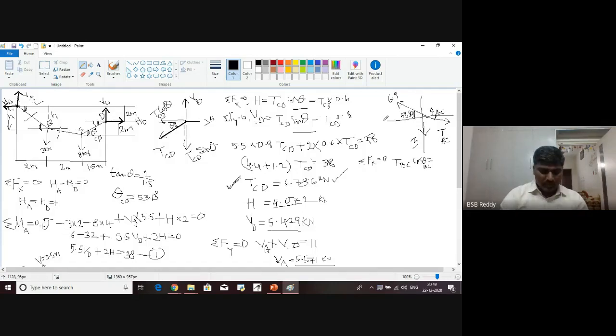What is that value? 6.9 into cos 53.83, 4.072.